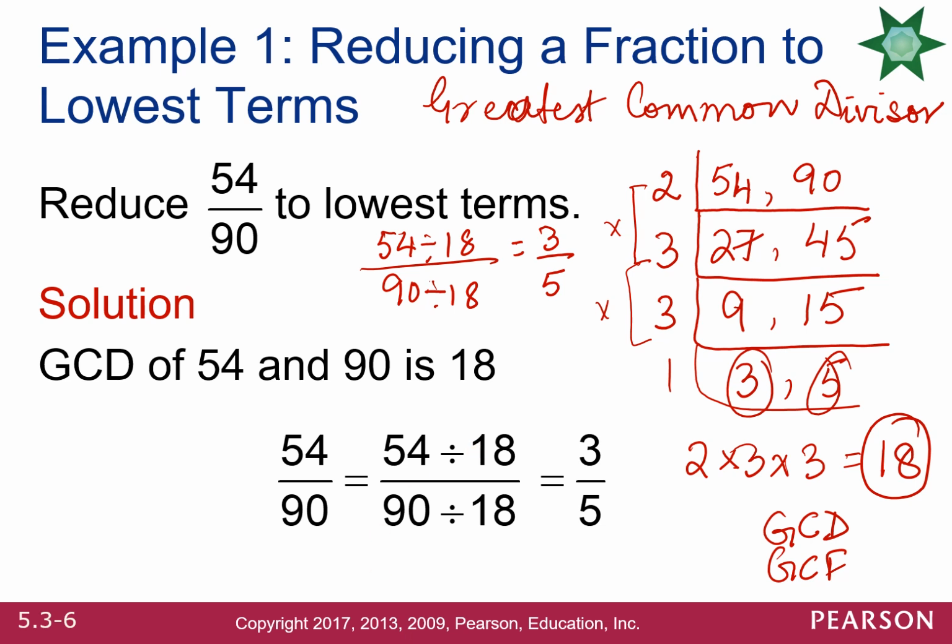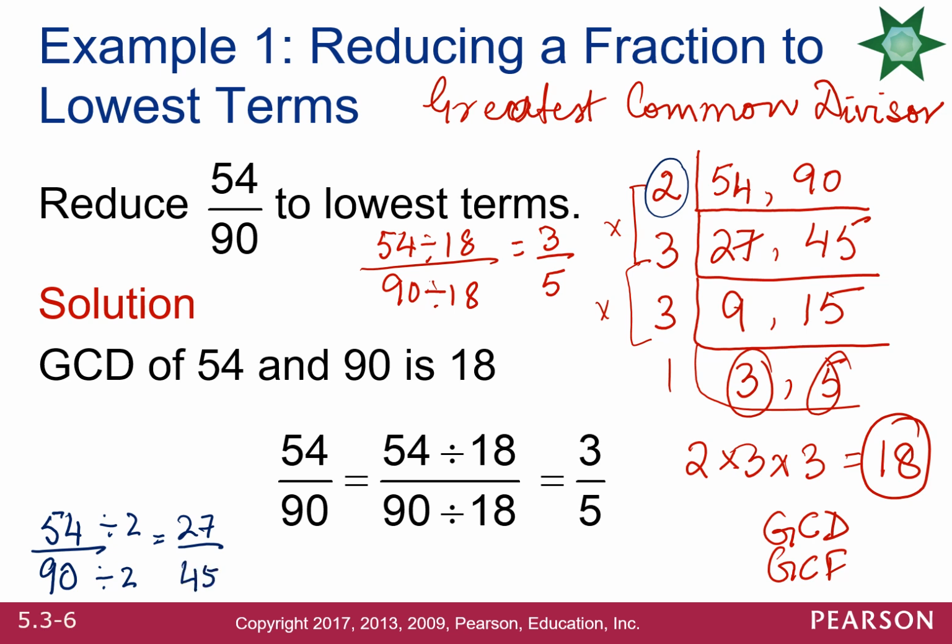All right, so let me just show you what I'm trying to explain here. So if you start with 54 over 90 and divide first by 2, that will give us 27 over 45.